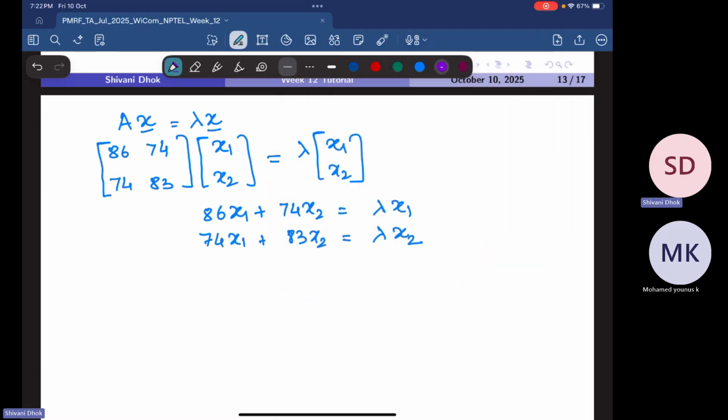So this first equation here, I'll represent x2 in terms of x1.